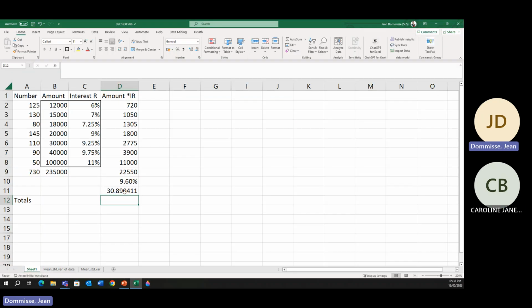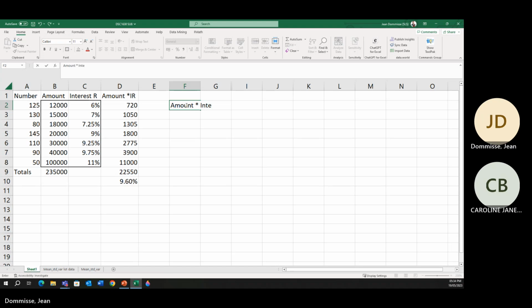But again, we need to look at what we need to do. So we say that the amount we need to multiply by the interest rate weight, basically, and we need to do that for all of them. So that is what we need to do.